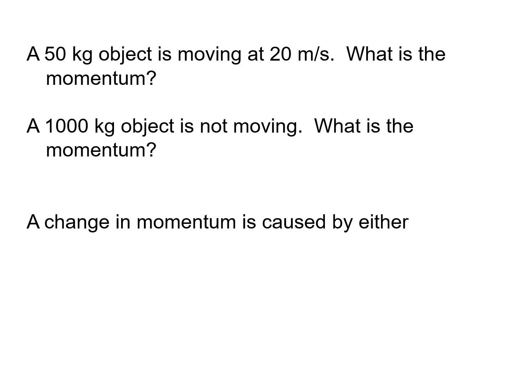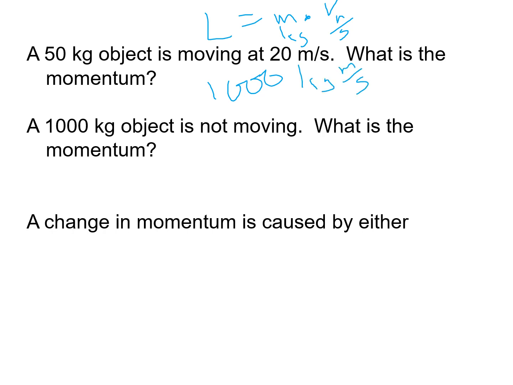Well, we know that momentum is equal to mass times velocity, kilograms meters per second. So we have 50 times 20. We know that 2 times 50 is 100, but there's a 0 here, so we're going to have 1,000 kilograms meters per second.